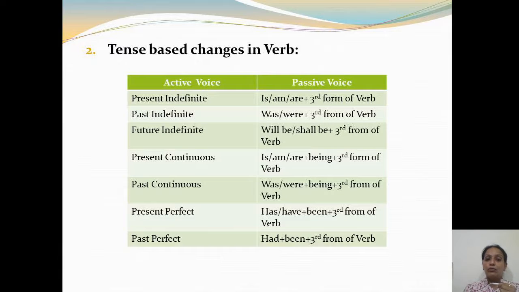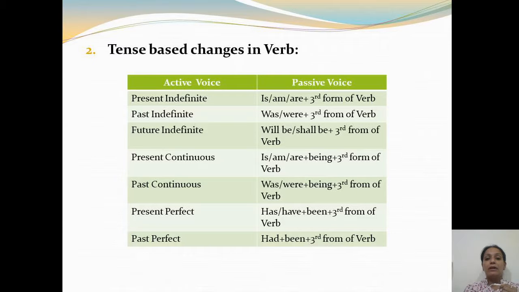Let's quickly move to the future indefinite tense. In future indefinite tense, we make use of will or shall along with the first form of verb. But when we change it into passive, it will turn into either will be or shall be along with the third form of the verb.